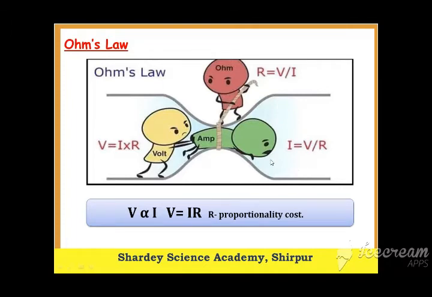This picture clearly shows that whenever we try to flow current, resistance is offered. If the resistance is more, less current flows, and if resistance is less, more current flows. This is the conclusion of Ohm's law.